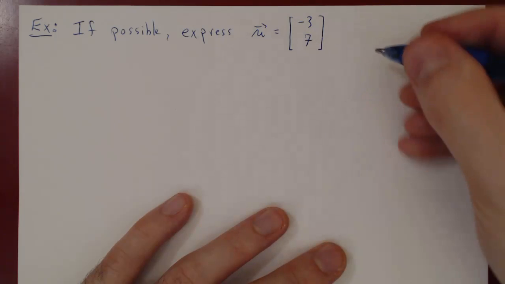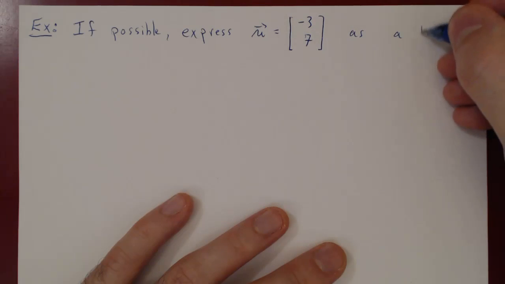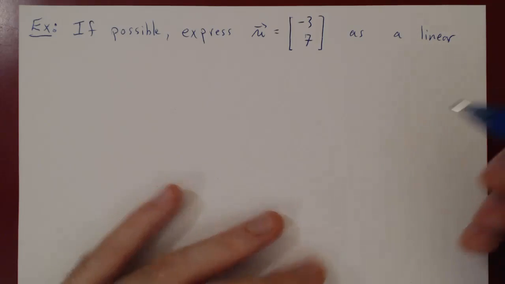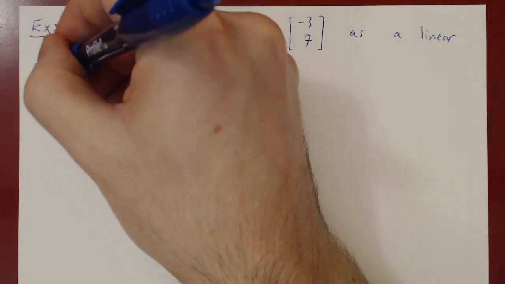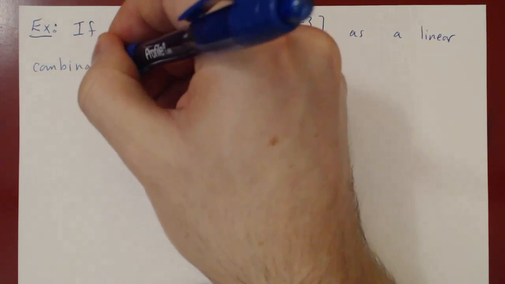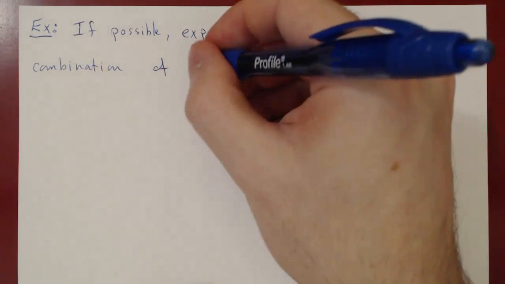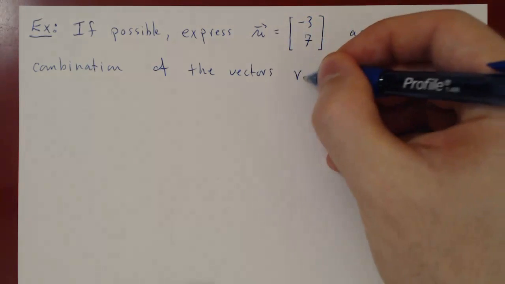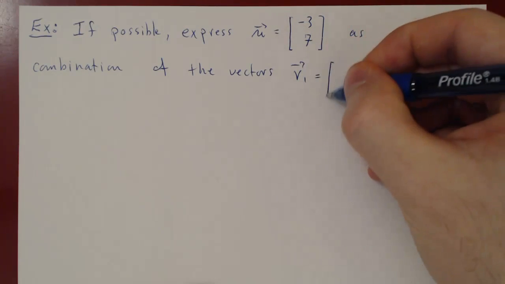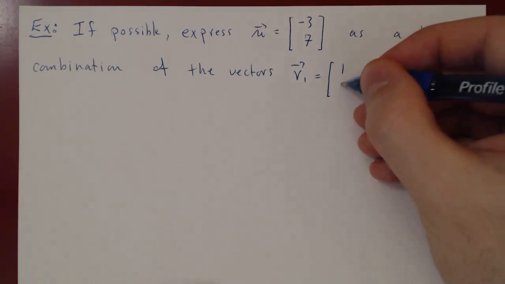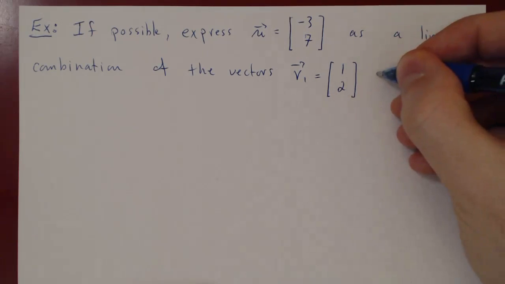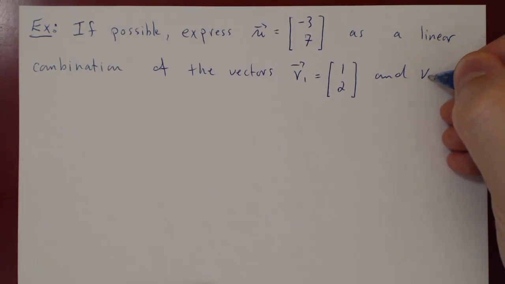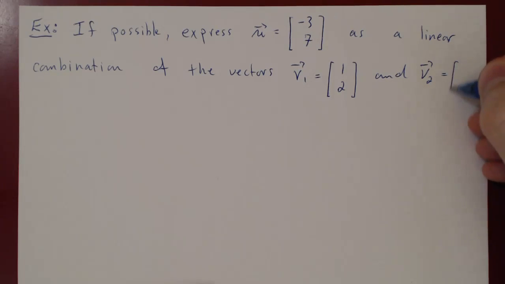So if possible, express this vector as a linear combination of the vectors v1, say, let's take a vector 1, 2, and v2, let's take -1, 4.